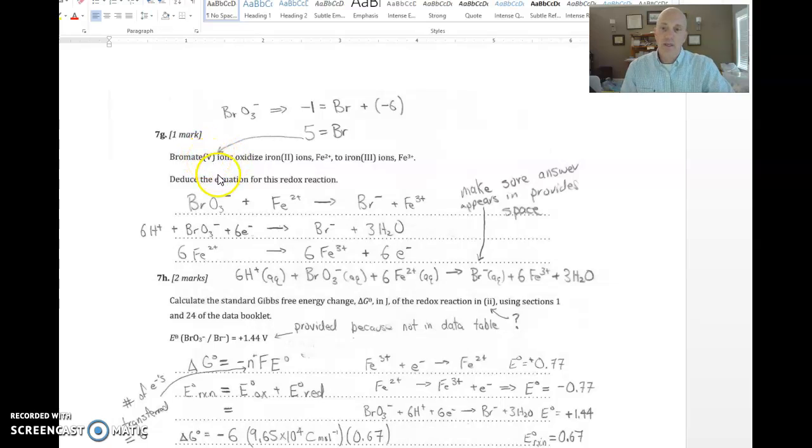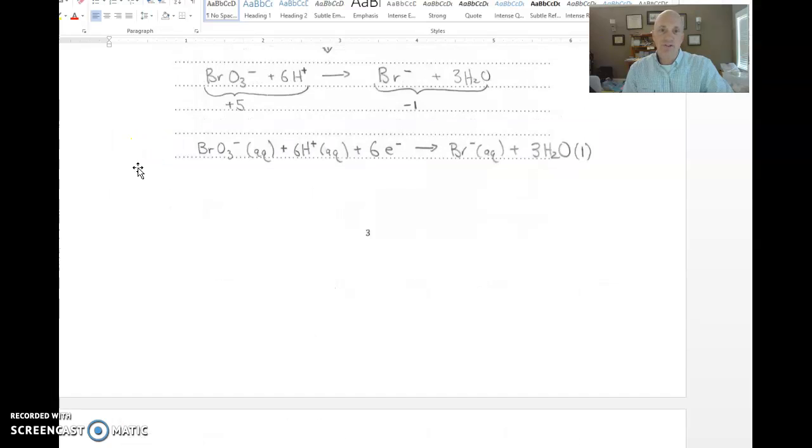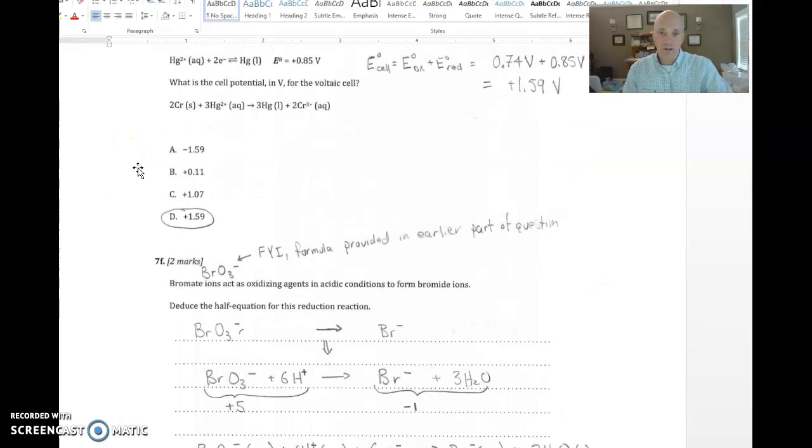Anyways, it says that the bromate ions are going to oxidize this to Fe3. And you'll notice one thing about this. These are all part of question 7, which means that it probably refers to something that's been stated before in the problem.